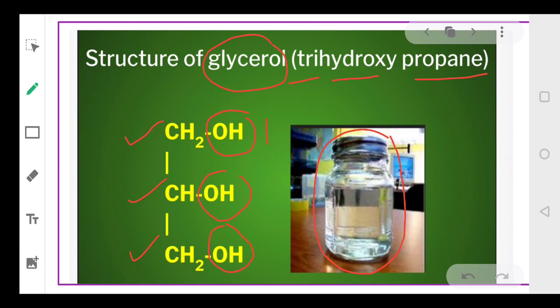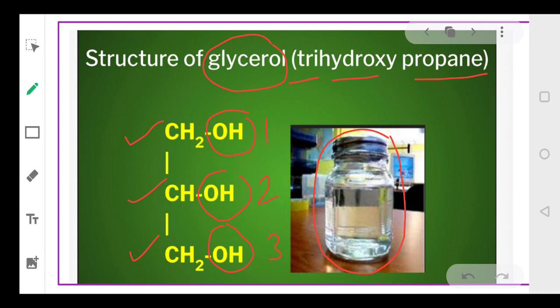The first group is present on the first carbon, second on the second, and third on the third. So we have 3 hydroxy groups present. That is why we give this name tri. Tri means 3. Trihydroxypropane. So one hydrogen atom on each carbon has been replaced with a hydroxy group. That is why it is called trihydroxypropane.